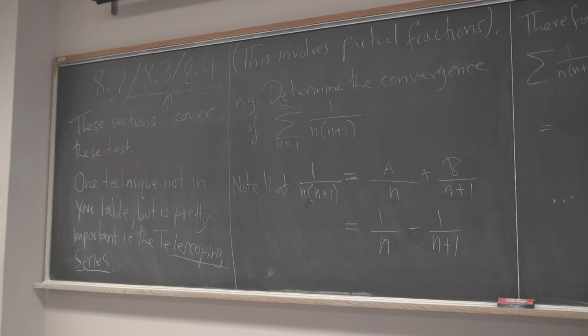It's just 1 over n minus 1 over n plus 1. Okay. So basically what I'm doing is I'm thinking of this sequence as a limit as n goes to infinity of the sum. So I'm thinking of it in terms of its partial sums. That's the trick here.